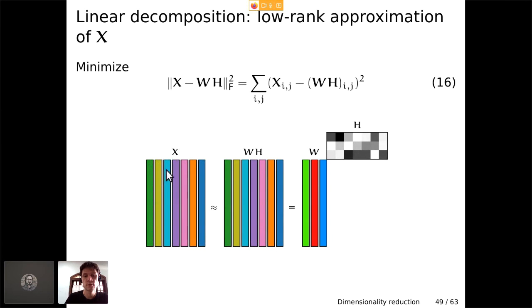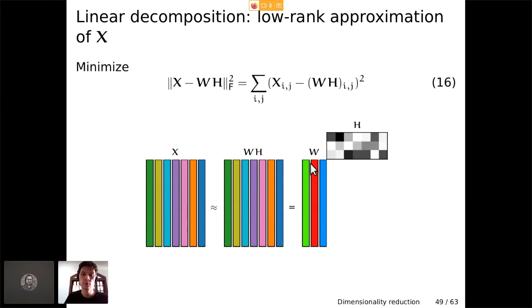And instead of using the whole X, I will build a low rank approximation of it. So I will try to approximate it as a product of two much smaller matrices. So again, instead of having all of X, I try to approximate it by multiplying together two small matrices. And then I will end up with a version of X of a much smaller dimension.